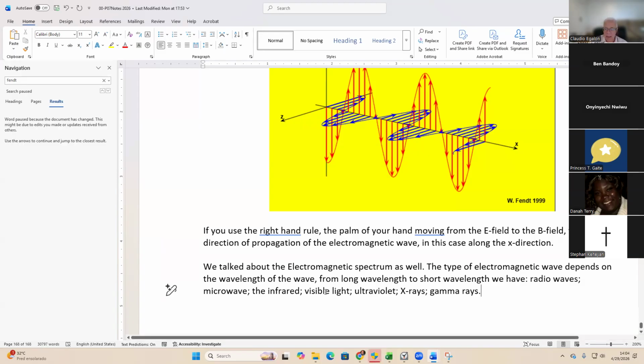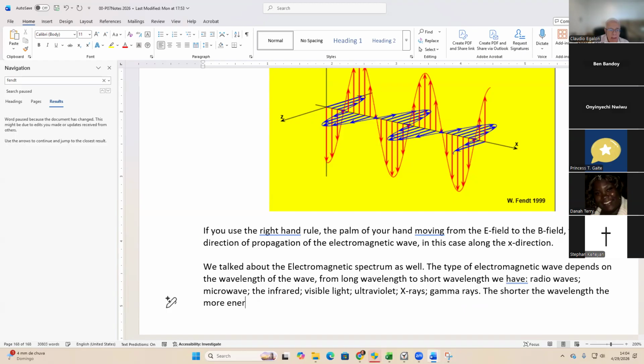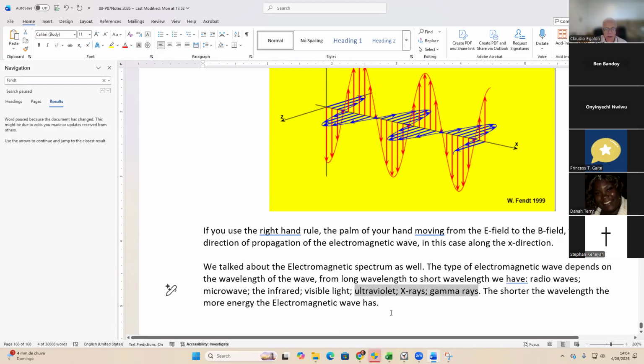Those make up the electromagnetic spectrum. The shorter the wavelength, the more energy the electromagnetic wave has. That's why we have to protect ourselves against those three types of electromagnetic waves: gamma rays, X-rays, and ultraviolet.